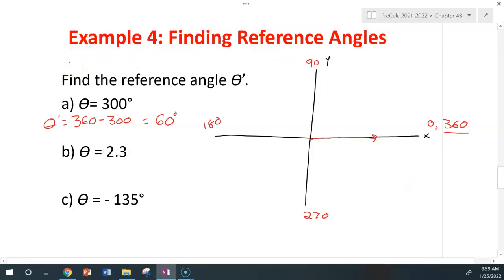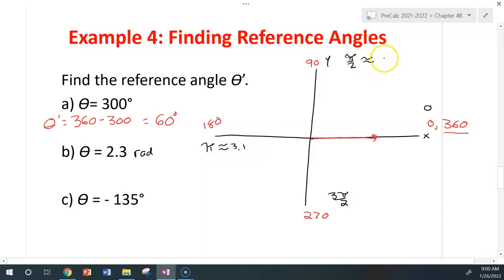We're not told that that's degrees or radians, so therefore assume radians. So now if I'm going to label, this is 0, this is pi over 2, this is pi, and this is 3 pi over 2. I'm at 2.3 radians. Pi is approximately 3.1.